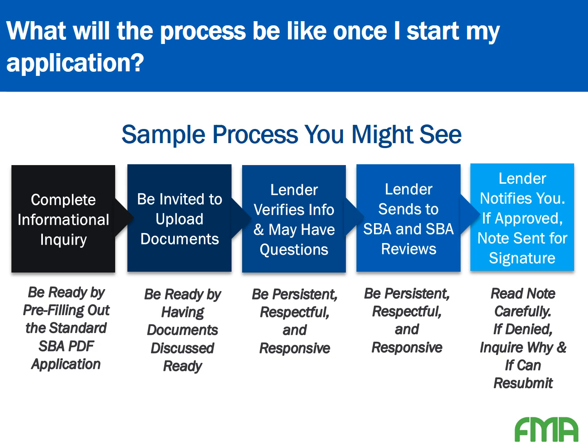First, if you're working with your bank, you will most likely complete an informational inquiry, either online or over the phone. You should be ready for this conversation by pre-filling out the standard SBA PDF application, because what we are seeing is that most lenders will ask you for all of that information right up front, including the average monthly payroll.